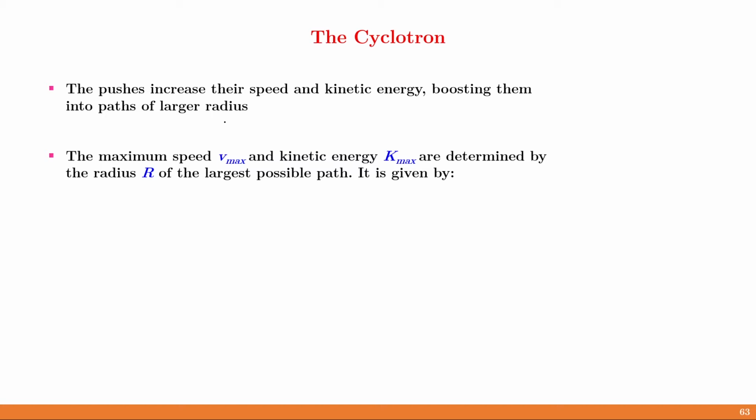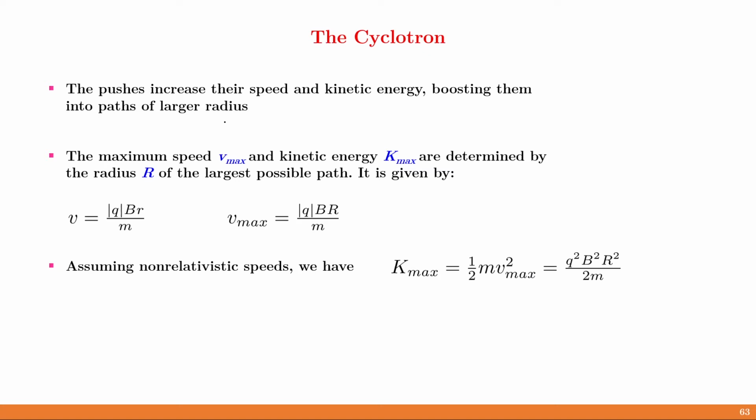The speed is given by v equal to modulus qBr over m, and Vmax is equal to modulus qBR over m, where capital R is the maximum possible radius inside the cyclotron. Assuming non-relativistic speeds, the maximum kinetic energy is half m Vmax squared, which is equal to q squared B squared R squared over 2m.